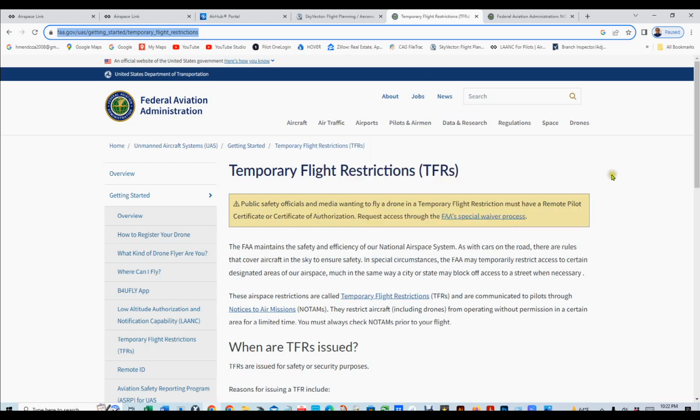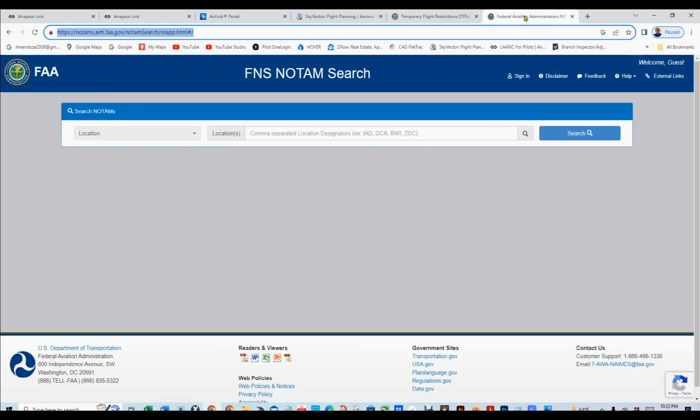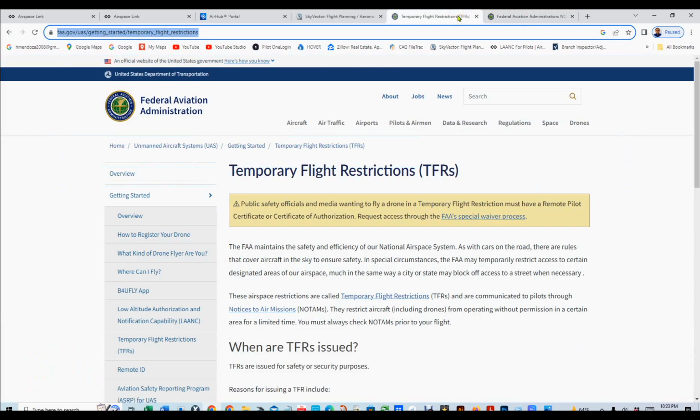This is where you get your TFRs. Then you're also going to have to go to your NOTAMs, and those are different. Sometimes there are restrictions. Some of them are temporary, some of them are permanent. Like, you can't fly to Camp Davis.